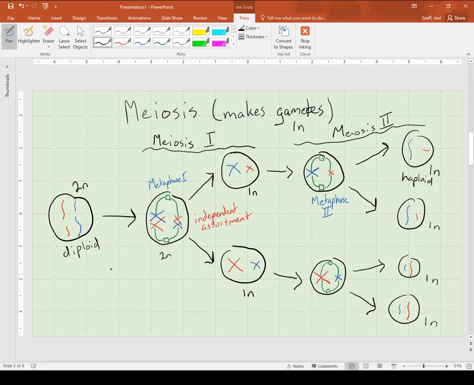If you want, go ahead and search the internet, and you would easily find all of the steps that I left out here, because I mostly wanted to make the point that at metaphase 1 you've got these X's that are 2 by 2, and in mitosis we've got the X's 1 by 1. Okay, so that was my main point there.